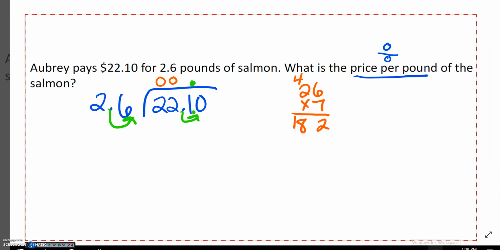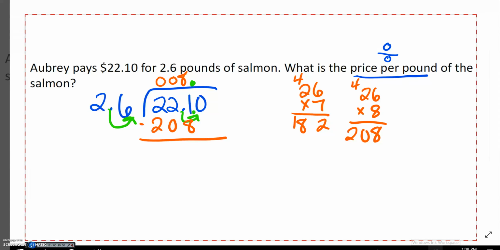That's close, but not quite. So 26 times 8. 8 times 6 is 48, carry my 4. 16 plus 4 is 20. Okay, 208 plus another 26 would be more than 221. So it's going to have to be 8, which is 208.